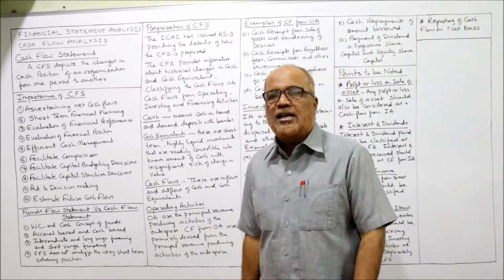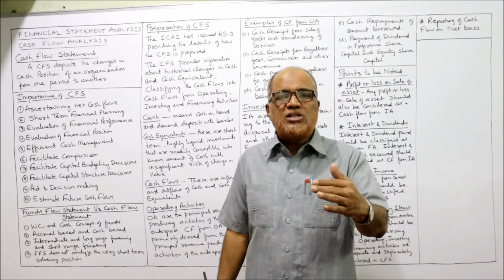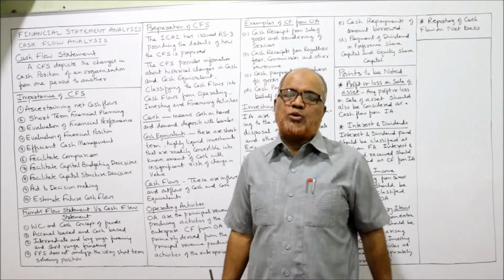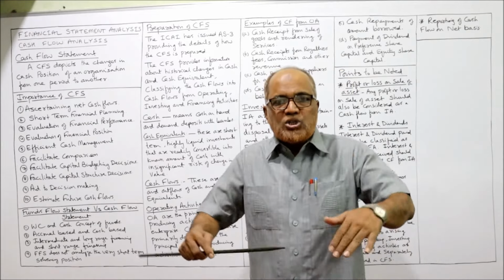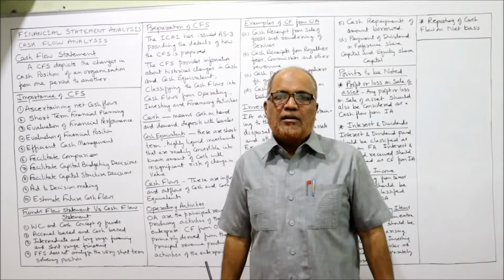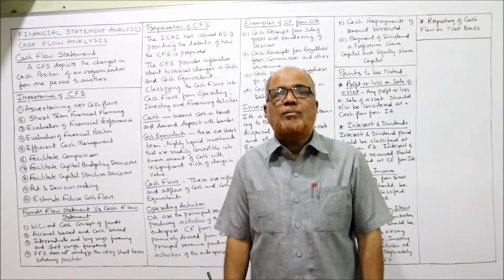Next one is aid in decision making. The management has to take a number of decisions which affect the cash position. Example, dividend to be declared. How much dividend to be declared? This declaration of dividend will have an impact on the cash position of the business.